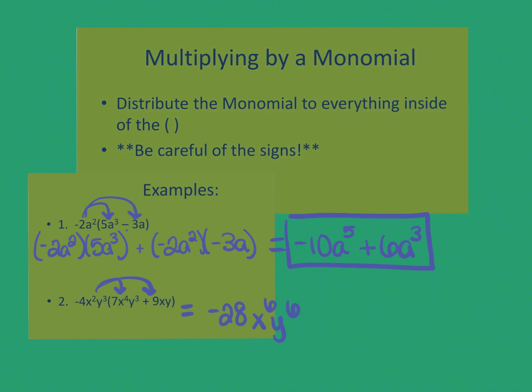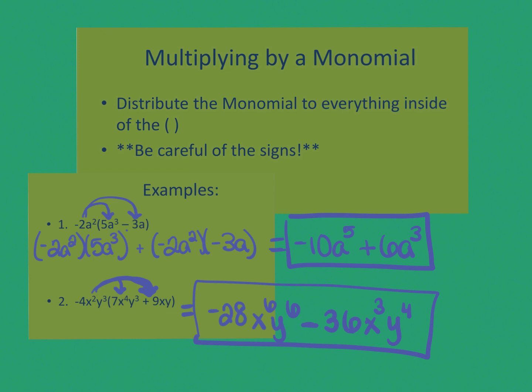Then we have negative 4x squared y to the third times 9xy. So those coefficients, negative 4 times 9, this time is going to be a minus 36. X squared and x gets us up to x to the third, and y to the third and y to the first gets us y to the fourth.